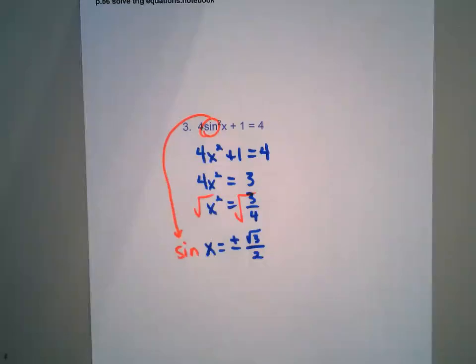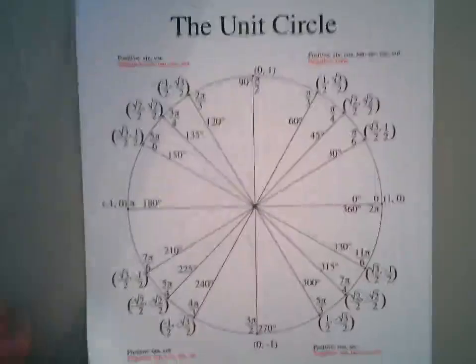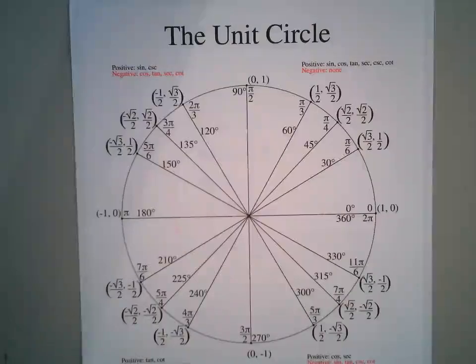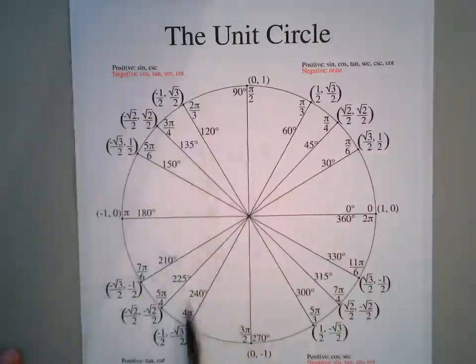And so now we're looking for every y value that is square root of 3 over 2. What do I do with my unit circle? My unit circle has disappeared. Every y value that is square root of 3 over 2. So pi over 3, 2 pi over 3, 4 pi over 3, 5 pi over 3.